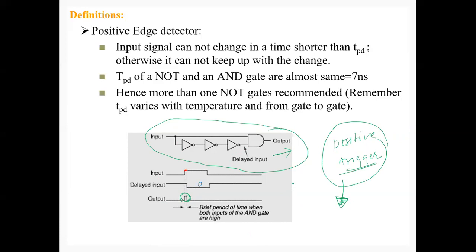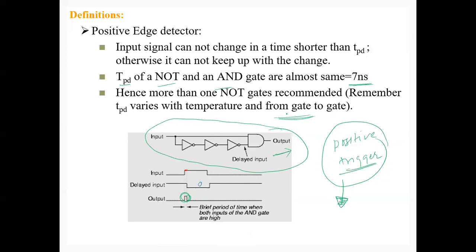All right, so before I go to the next slide, let me talk about these things. The TPD of NOT gate and AND gate are almost the same, and they are 7 nanoseconds. So hence more than one NOT gate is recommended. Remember TPD varies with temperature and from gate to gate.